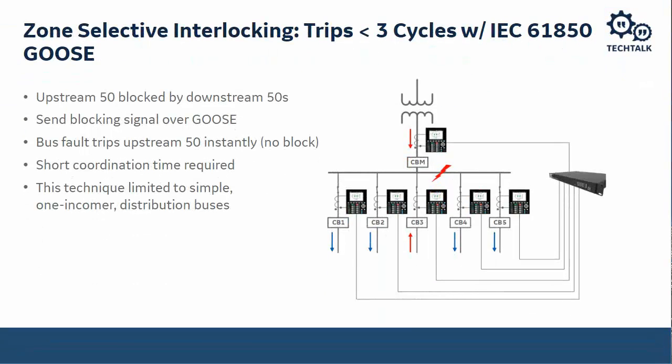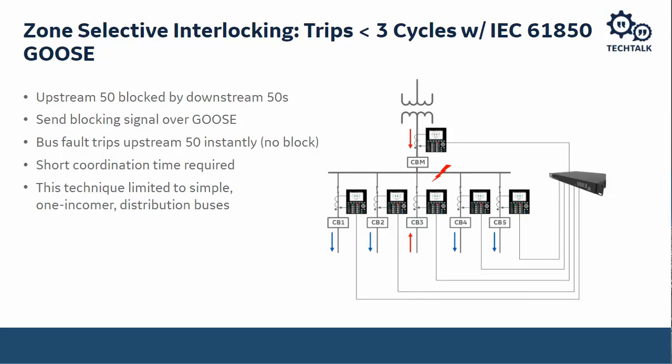So one thing we can do with our existing type schemes that I mentioned earlier is a zone selective interlock. With this scheme, we have our typical layout with our main breaker and feeder breakers. Instead of just having the time overcurrent curves coordinated, we use an instantaneous element on the main breaker that is supervised by the feeder breakers.